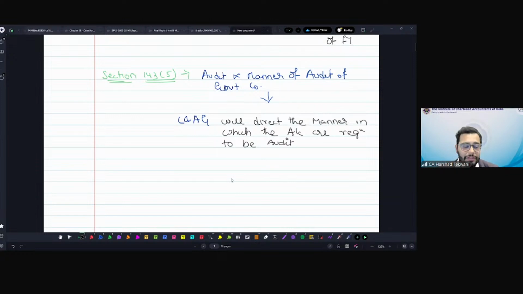So that is a secondary step. But the auditor is required to submit the report to C&AG after the audit.